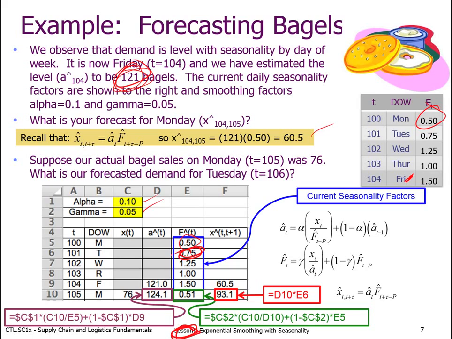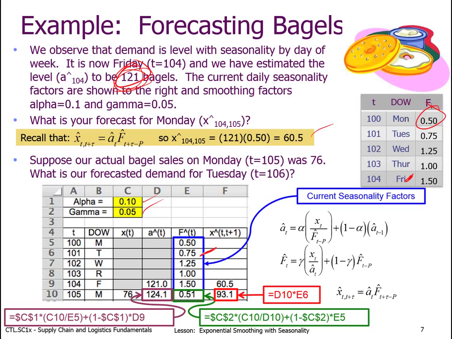Oops, let me get that. Why E6 and not E5? Well, this is a forecast for a Tuesday, and so I want to use Tuesday's seasonality. And so if you look at the numbers, they work out. And so calculate the f sub t, because we're doing 105 plus 1 minus 5 is 101, which tells me Tuesday.